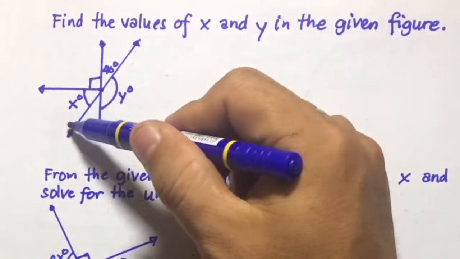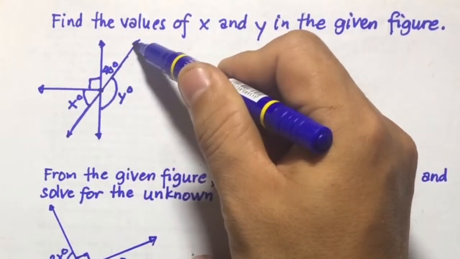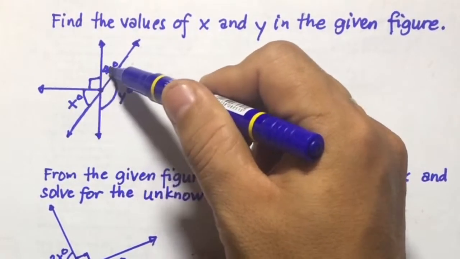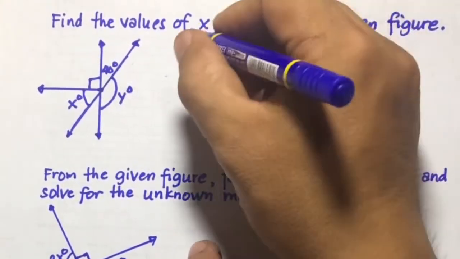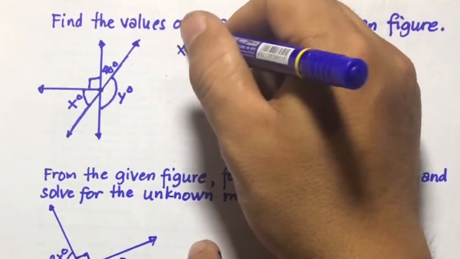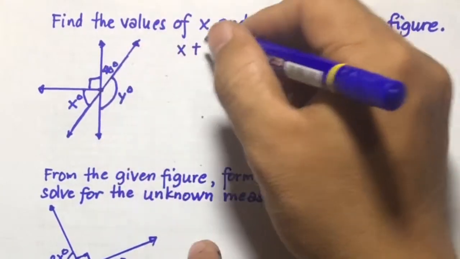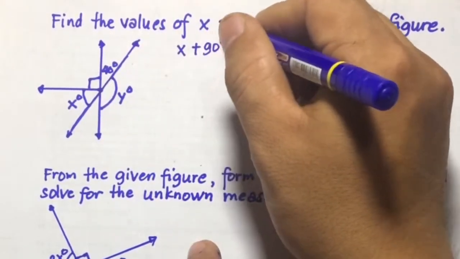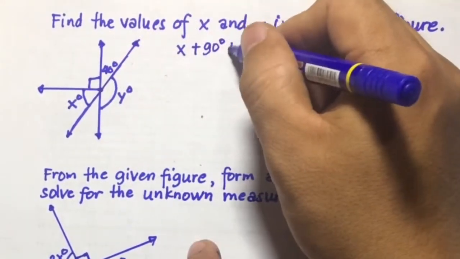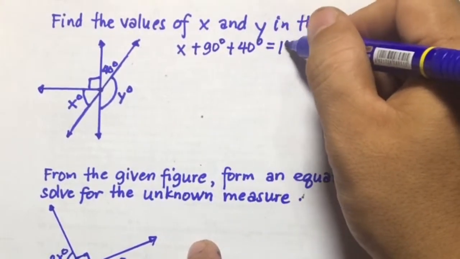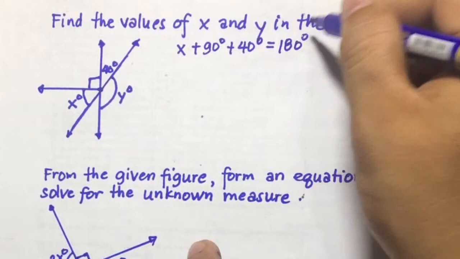In here, this forms a linear pair, meaning the sum of these three angles here will be equal to 180 degrees. So we're going to have x plus 90 degrees, then plus 40 degrees, which will be equal to 180 degrees.